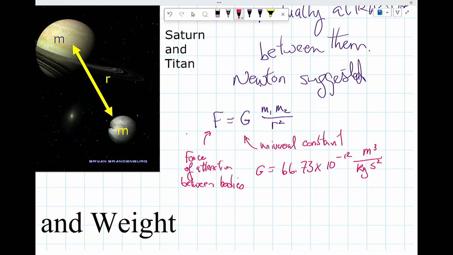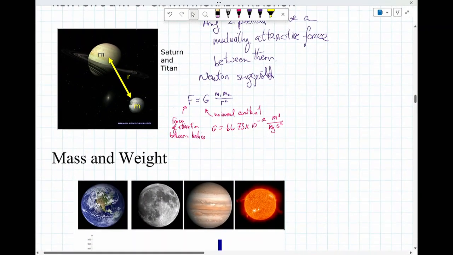If we're on Earth and looking at a quantity like weight, our weight is negligible compared to everything else.